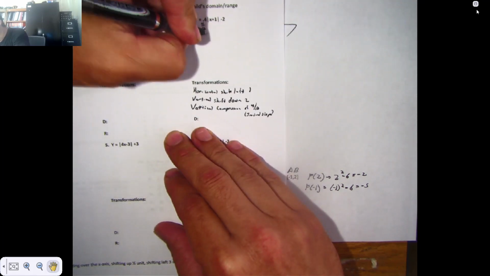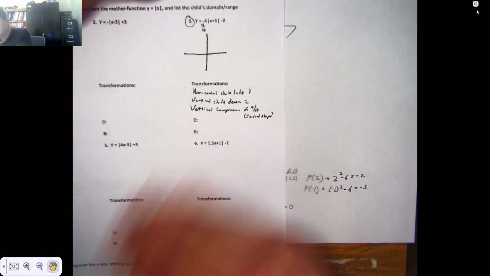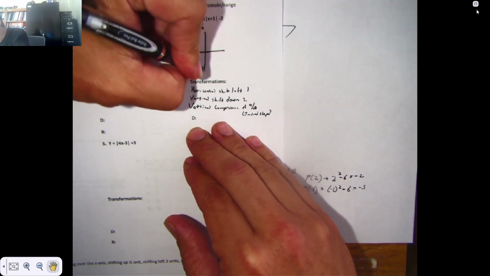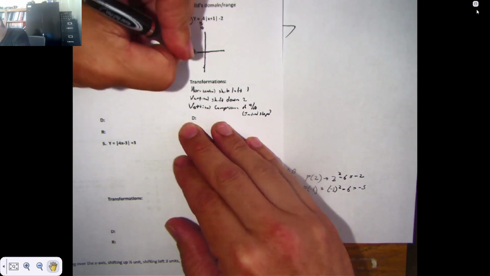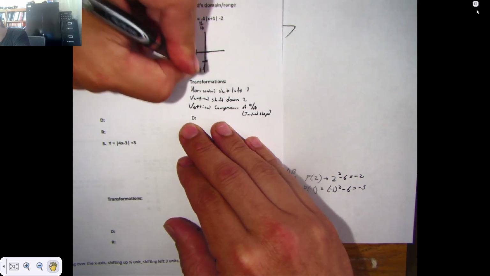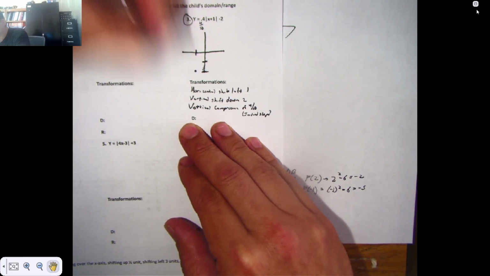It's kind of funny how it works with absolute value. You don't rise 4 and run 10. You can go up 4/10 of a unit, which is going to be really hard to do on a graph, but whatever. So I need to go left 1, and I need to go down 2. And that is where this thing will be centered.